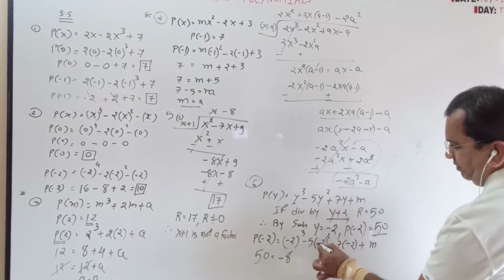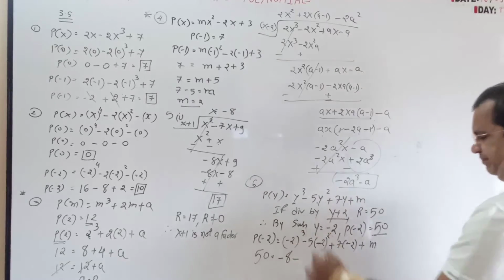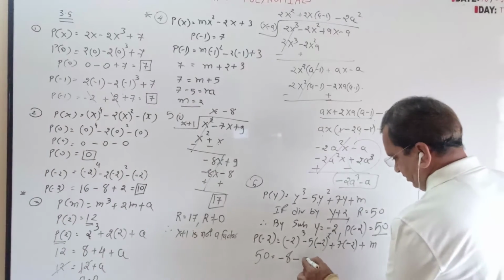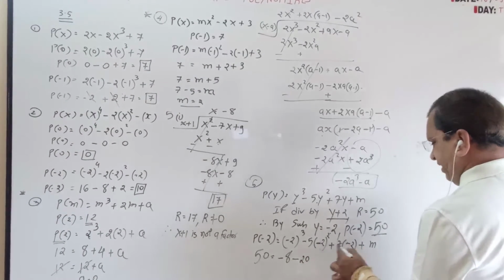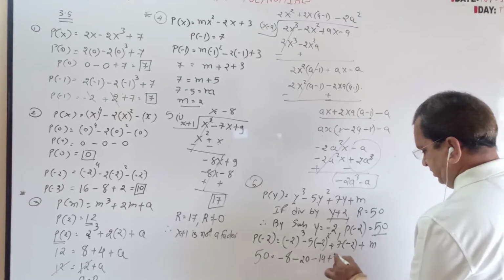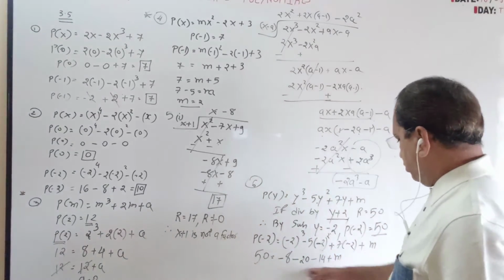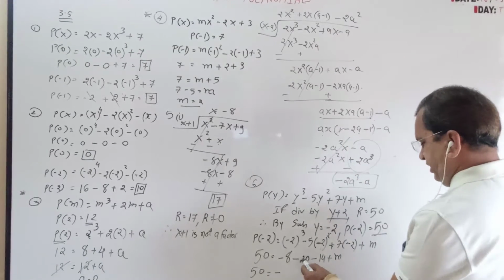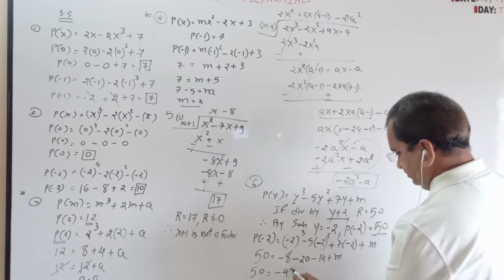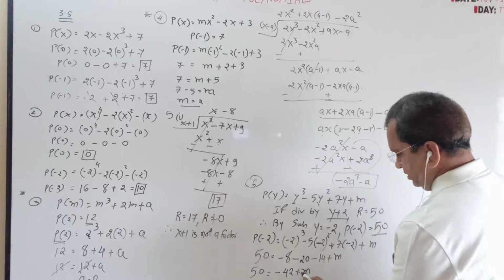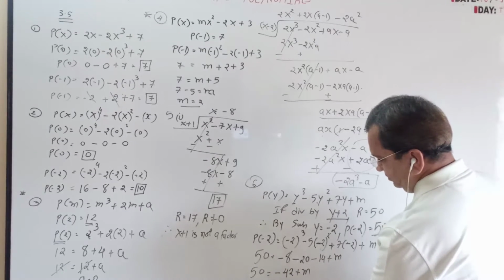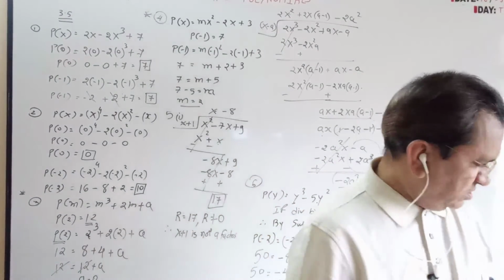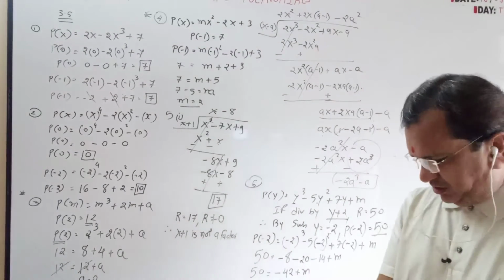Minus 2 square times, so 4, 5 fours are 20, sorry. Minus plus minus 14. All are negative. So we have to add 20, 30, 40, 42. This goes to this side, so it is 92. Sixth sum, let me check otherwise.